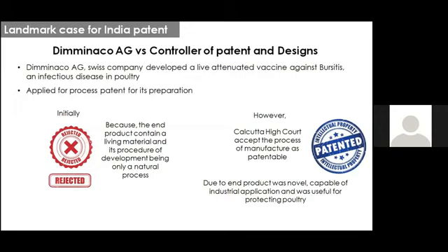So as I said in the past, depending on the definition of novelty, the verdict was toward the Swiss company, and the patent was given. So these were two cases regarding microorganisms and patents, which are worldwide known.